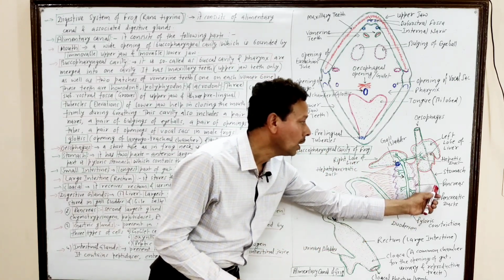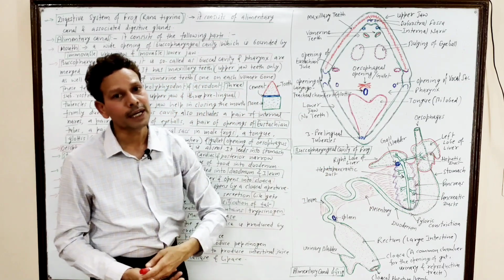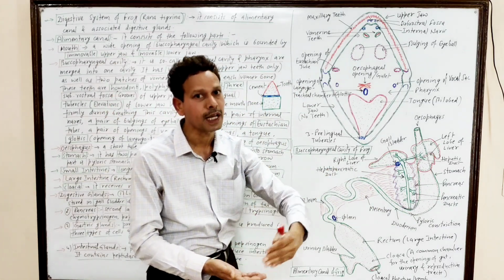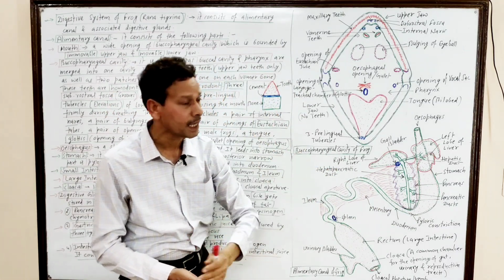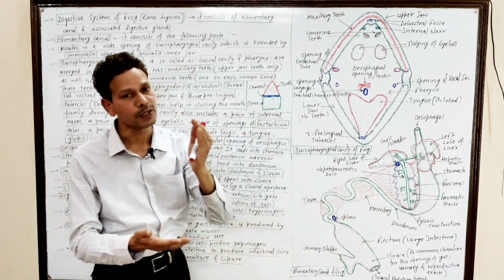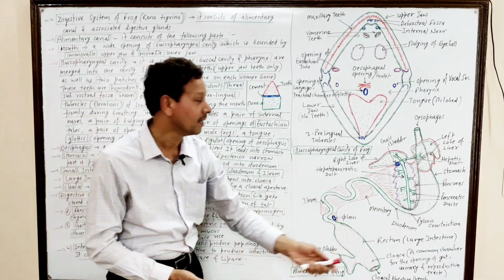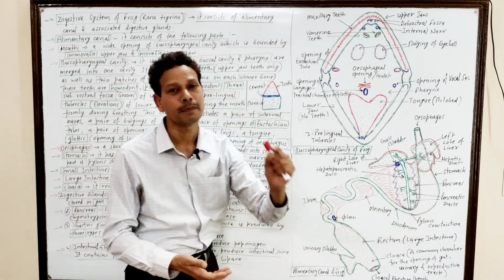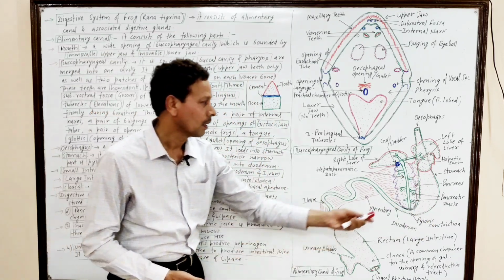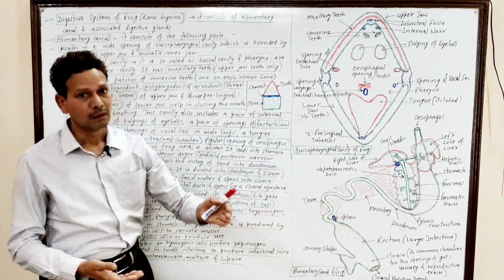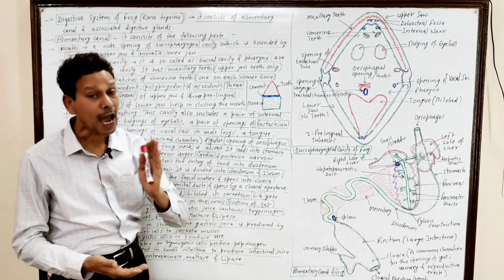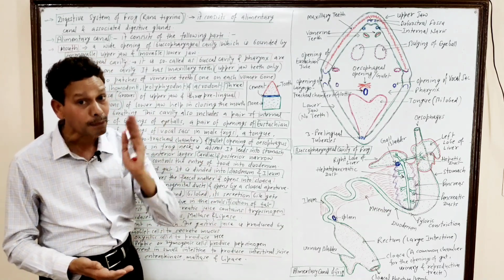Then the stomach wall has gastric glands with 3 types of cells: mucus secreting goblet cells, the oxyntic cells which secrete HCl, and dear students, the third type of cells present in gastric glands are peptic cells, zymogen cells, which secrete pepsinogen.